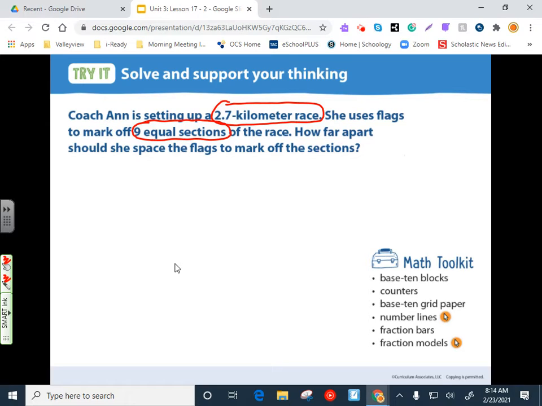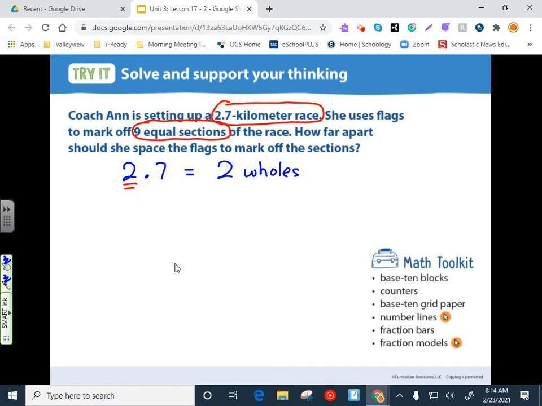So one of the techniques we like to try out here is let's draw this. If you have the number 2.7, that's going to equal 2 wholes. That 2 right there, that's going to be your 2 wholes.